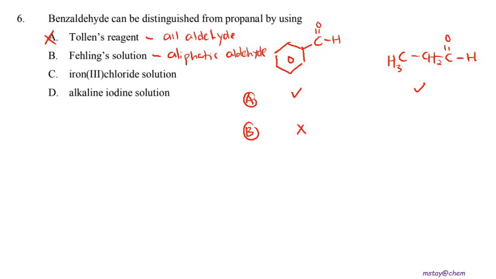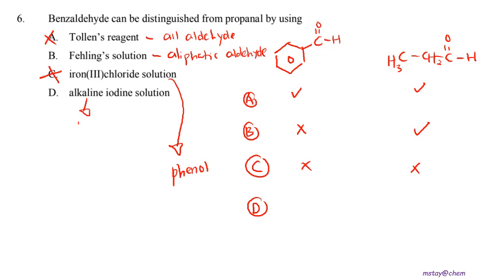and propanal, yes. C, iron(III) chloride, basically this is an identification test for phenol, so we will rule this out. Alkali iodine solution, again is the iodoform test, to test the presence of methyl carbonyl.